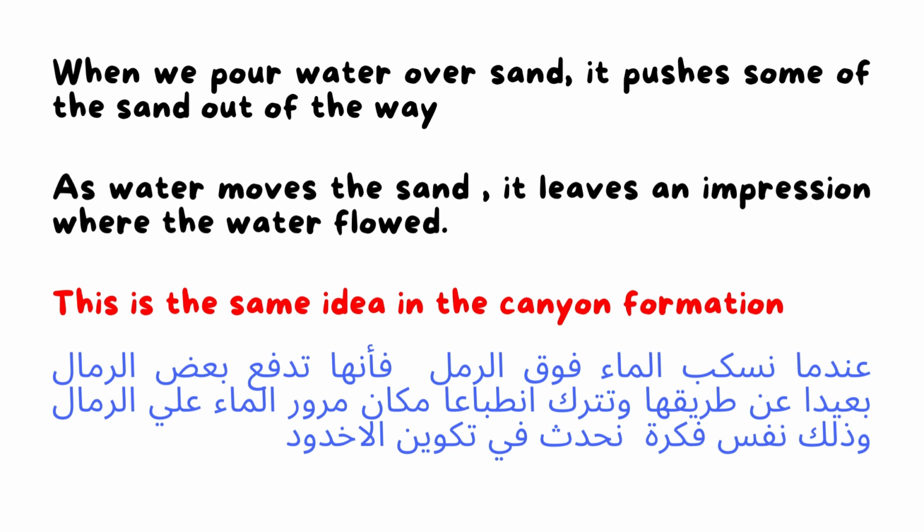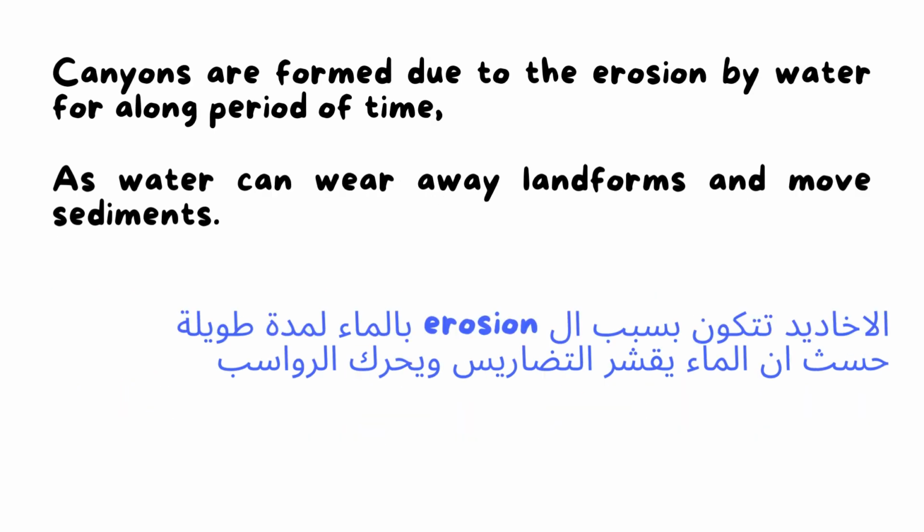We can say that canyons are formed due to the erosion by water for a long period of time, as water can wear away landforms and move sediments. We took the expression wear away before, and we know it means causing erosion of the landforms and moving sediments, okay? So canyons are formed due to the erosion by water for a long period of time.